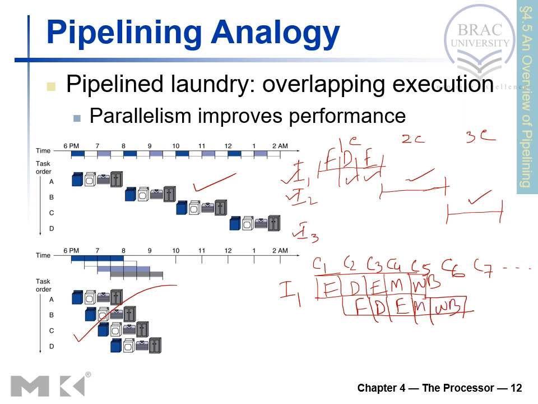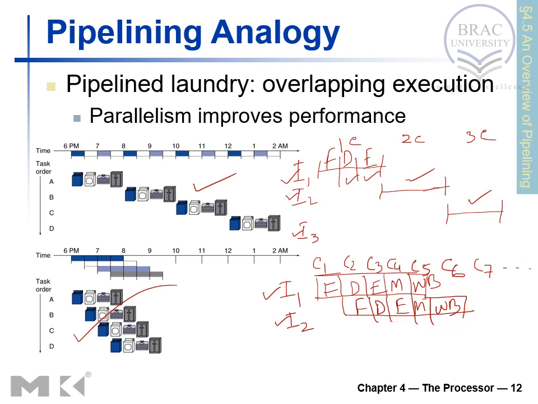As you can see, at clock cycle 2 we have two instructions in the system. Instruction 1 is performing decode in clock cycle 2, and instruction 2 is performing fetch. So they're working on different hardware, different portions of the data path.